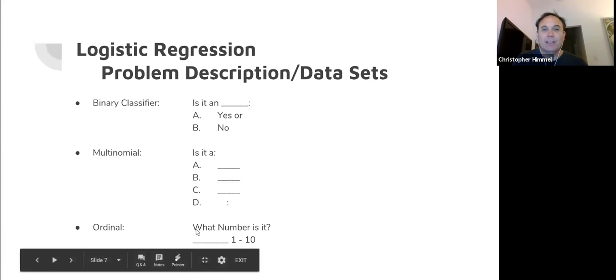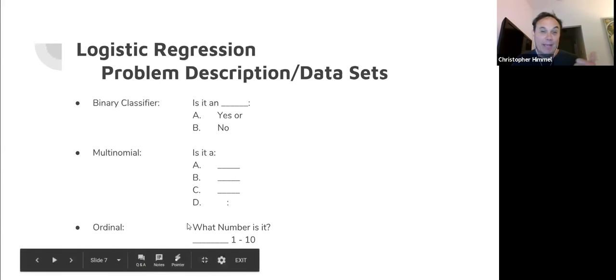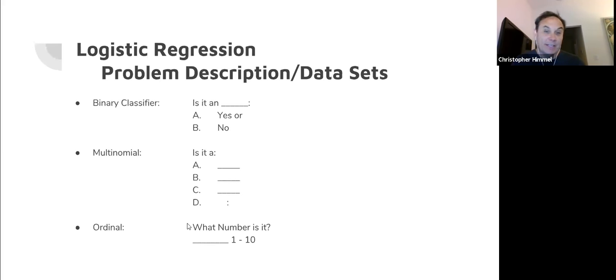It's going to be very much like a multinomial, very much like a binary, just multiple binaries. Is it a 1? Yes or no. Is it a 2? Yes or no. Is it a 3? Yes or no. So we'll just have multiple outputs.